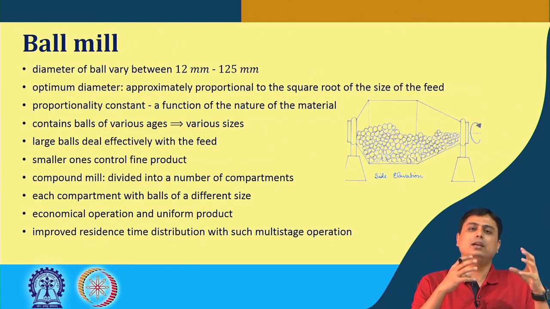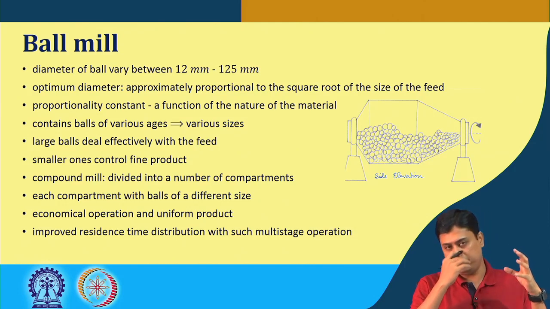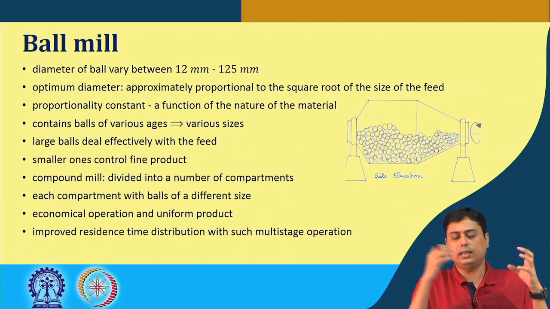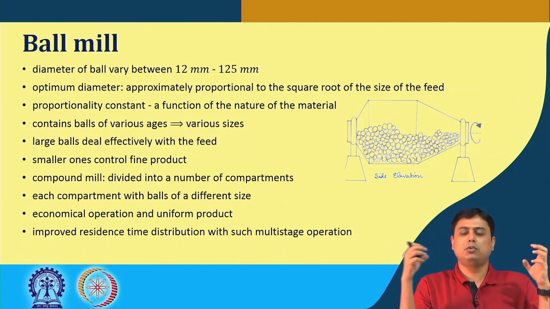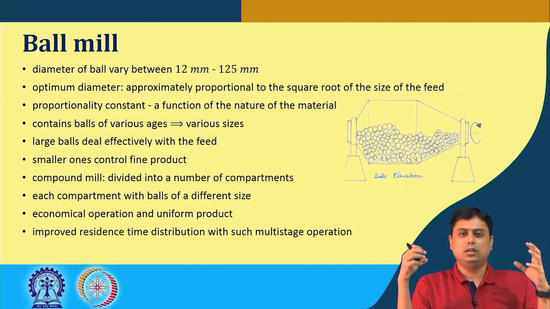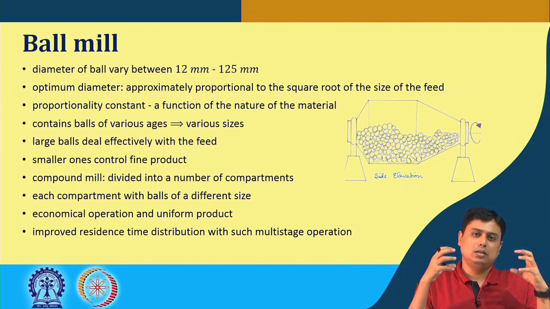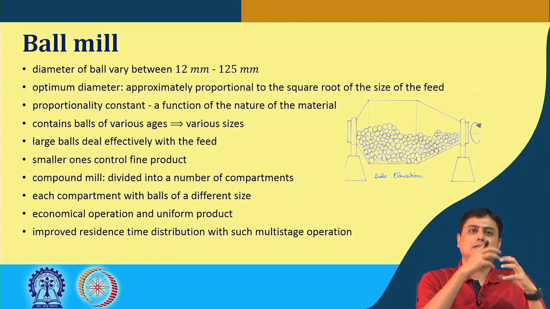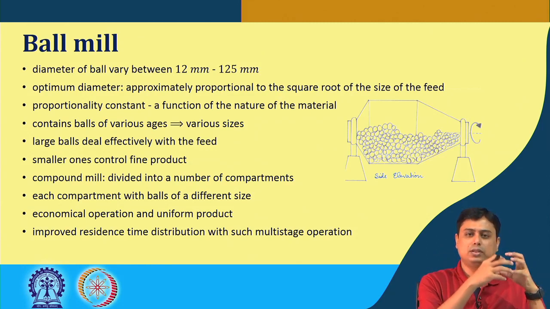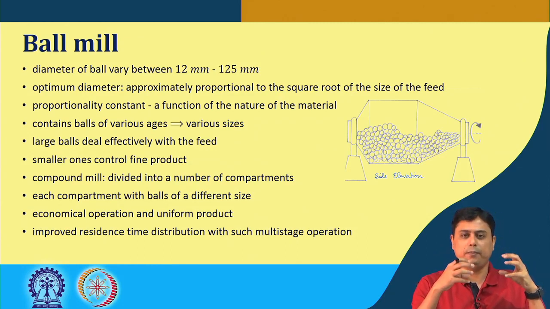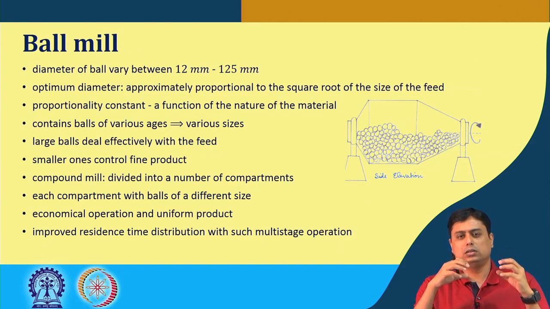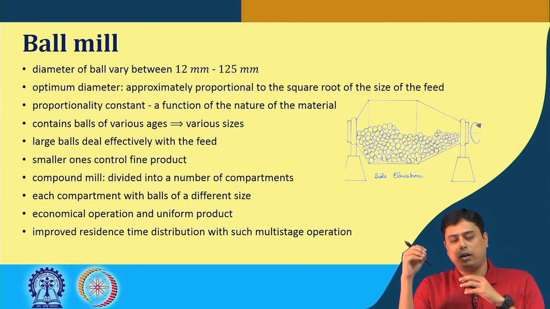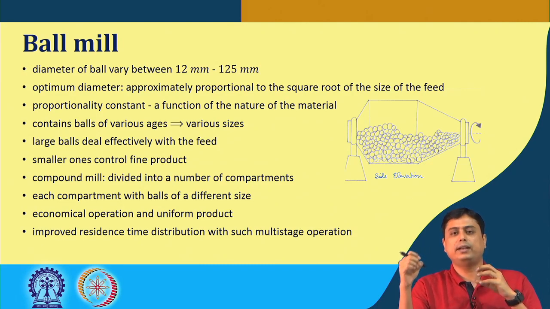So, when the feed is the most coarse material and the product is the finest material, the large balls crush the coarser feed in the most efficient way, and the smaller balls handle the size reduction for the finer particles.